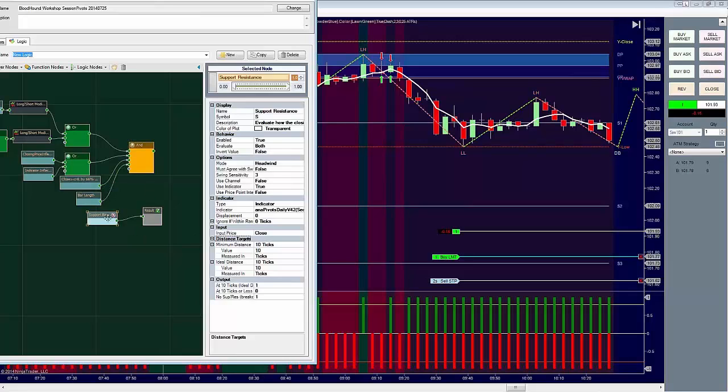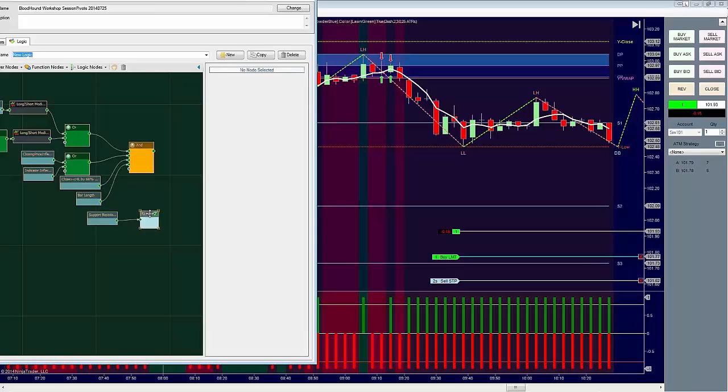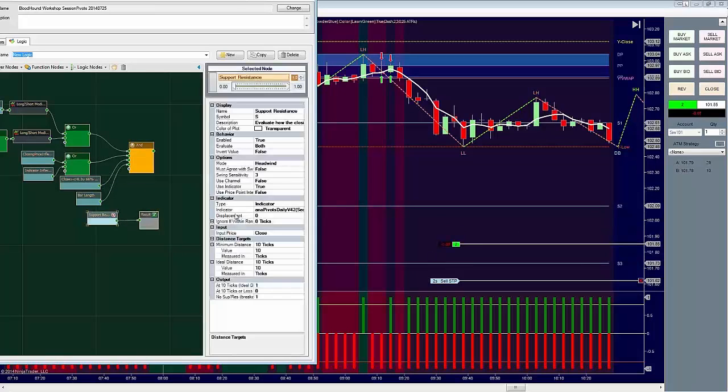But first let me explain headwind. So headwind is telling us essentially that we don't want to trade directly into the pivot point. All right, but once we break above the pivot point, then we could allow a long. But as long as the closing price is within 10 ticks of the pivot point, then we don't want to allow a long trade going directly into it.